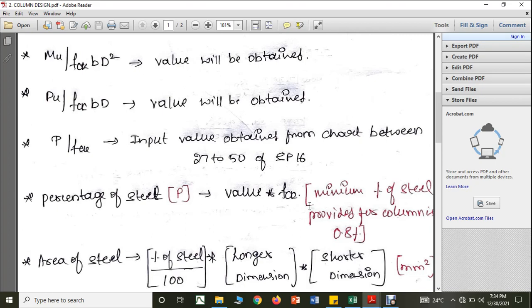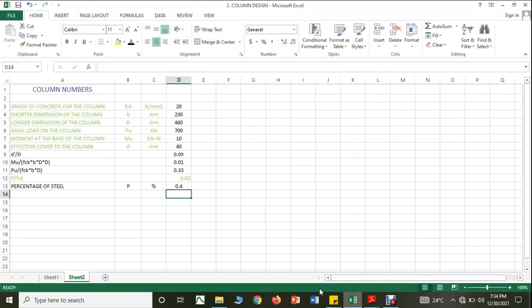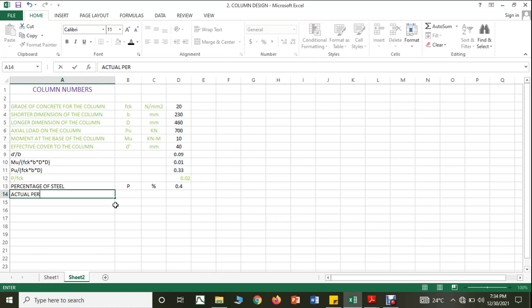So usually we go up to a maximum percentage of 4%, but the minimum percentage you are supposed to give is 0.8. If you are getting any value less than 0.8, then you are supposed to consider the percentage of steel as 0.8. Therefore let us create one more row, that is the actual percentage of steel provided.